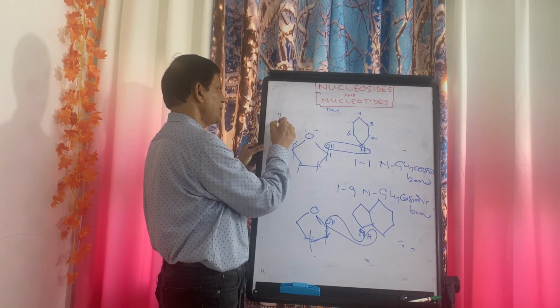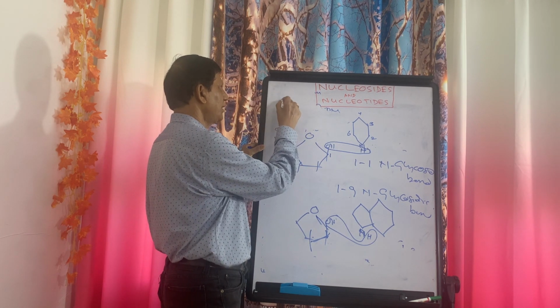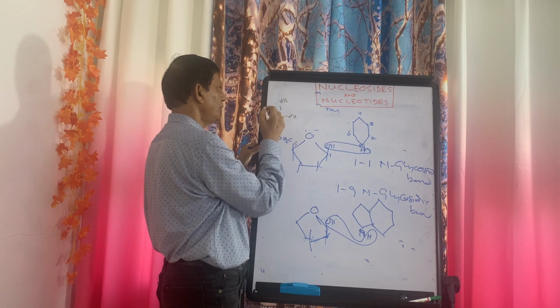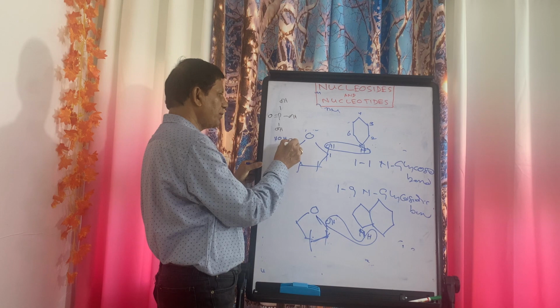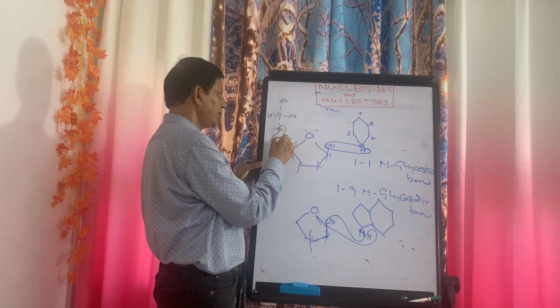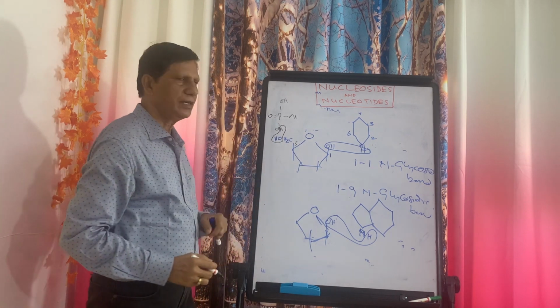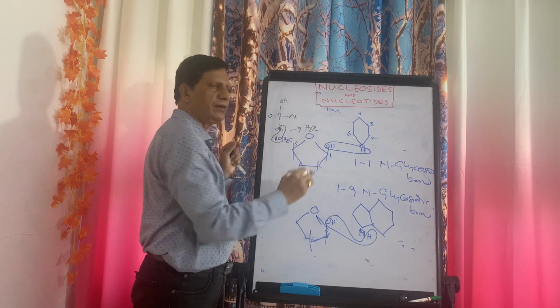This is phosphorus, this is one hydroxyl group, this is one hydroxyl group, this is one hydroxyl group, and on this side one double bond O is there. Now, the hydroxyl group of this CH2OH will combine with the hydrogen of the phosphoric acid, and here one molecule of water will be liberated.